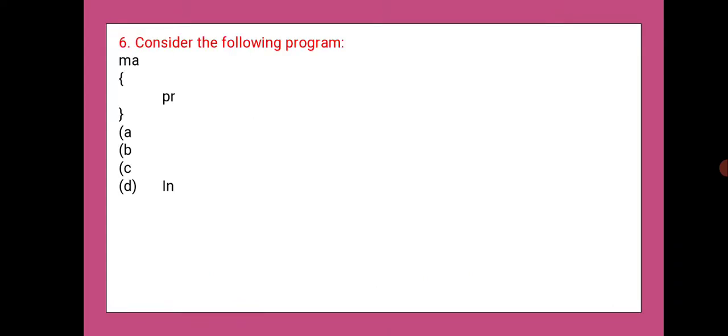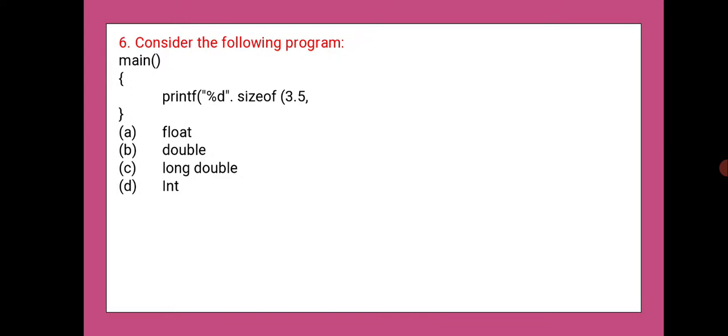Let's look at this program first: printf("%d", sizeof(3.5, 3)). Here are the options. What does it print?